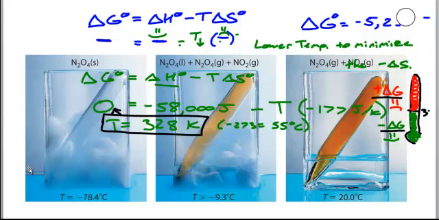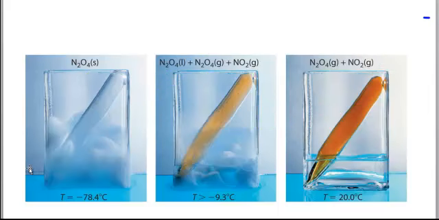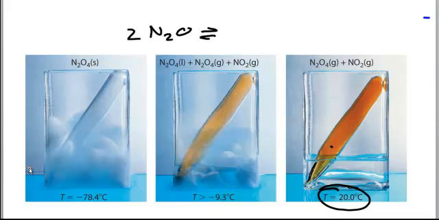Again, NO2 is the brown death gas. It's called brown death gas because it is brown, as shown over here on the far right. And here we have a temperature of 20 degrees Celsius, and your thing looks quite brown. As you cool it, however, the reaction of 2NO2 going to N2O4 becomes more and more spontaneous.